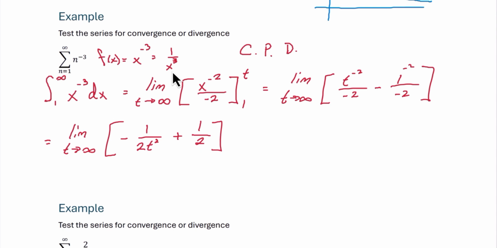And now we can evaluate the limit. As this t gets really big, the denominator goes big, the fraction goes smaller, and this is just a constant, so we're getting 1/2. So this means that the improper integral converges.